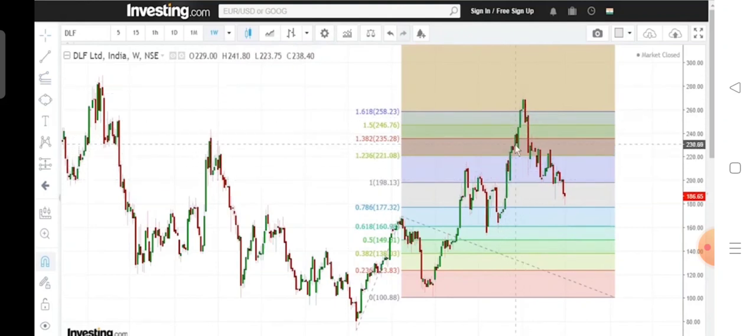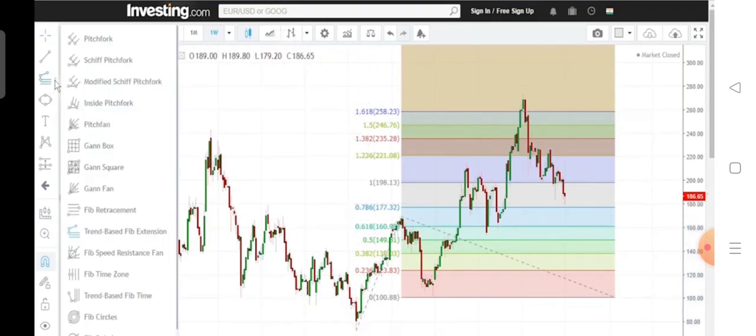As each particular level was breached, I could understand that the market was moving higher. So my potential targets based on the extension would be the next level once a particular level was being crossed and sustained.